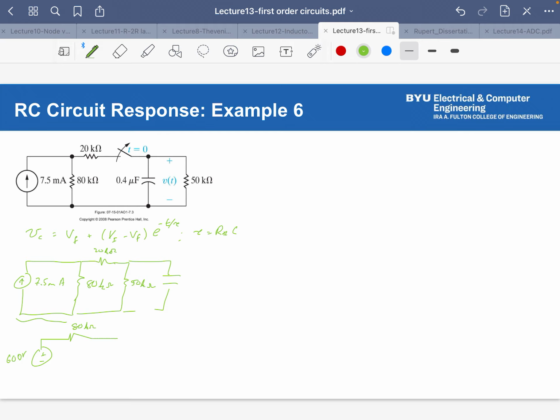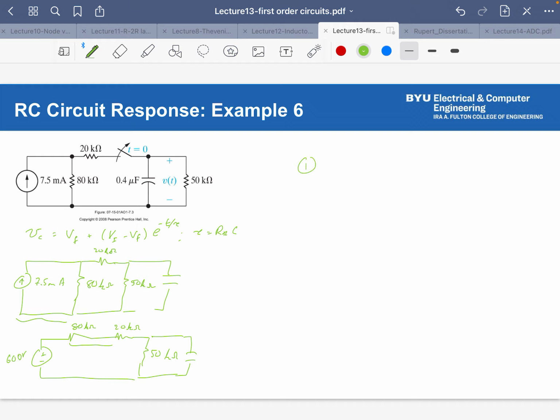And then we still have our 20 k ohm and 50 k ohm and the capacitor. So we can combine those and get 100 and then do a source transformation back.